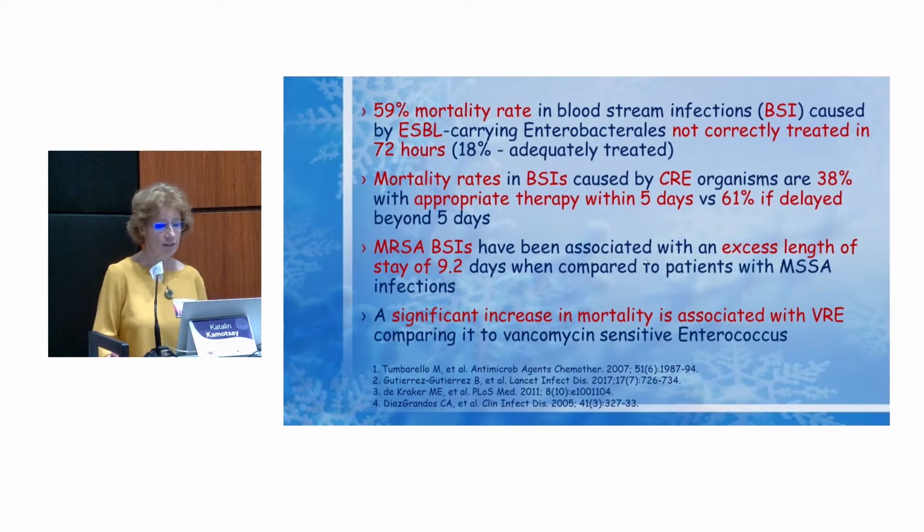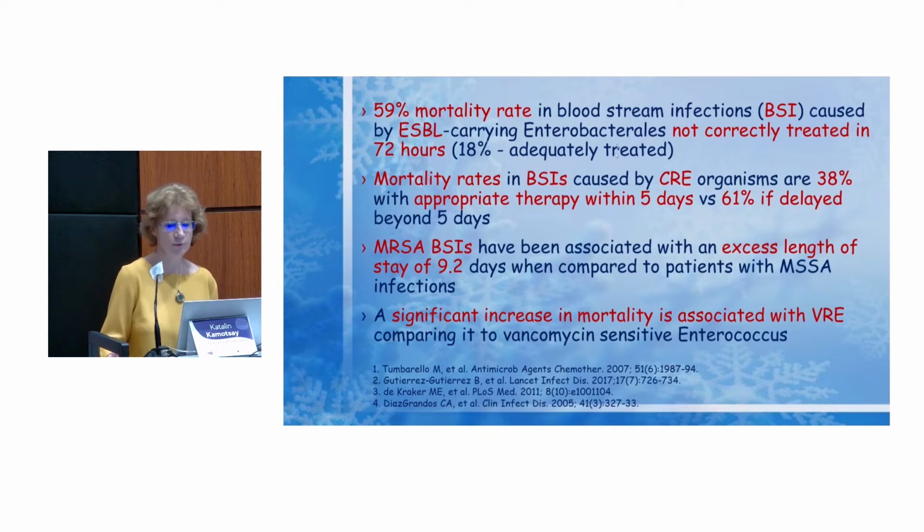Well, there are several studies showing us the problem with the wrong timing of adequate antibiotic treatment. For example, if the bacterium is an ESBL producer and there is a bloodstream infection caused by it, the mortality rate is quite high.